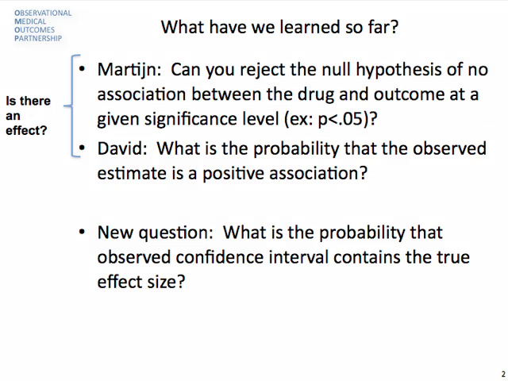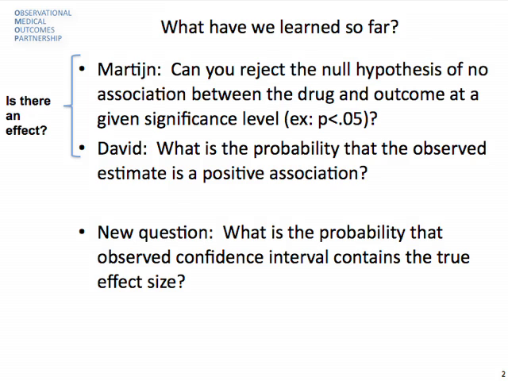Both of those perspectives answer a very important question, but one with a dichotomous answer: is there an effect, yes or no? As we build a risk identification system, we'd like to declare the effects of medical products.